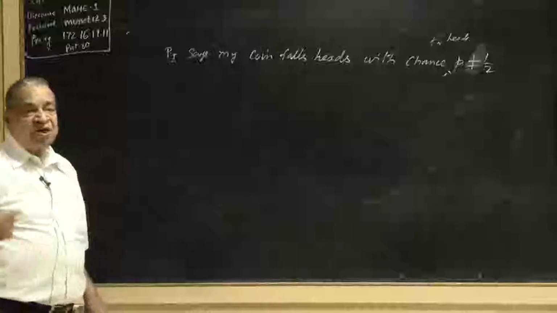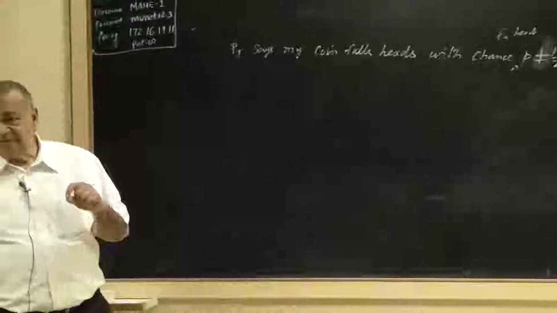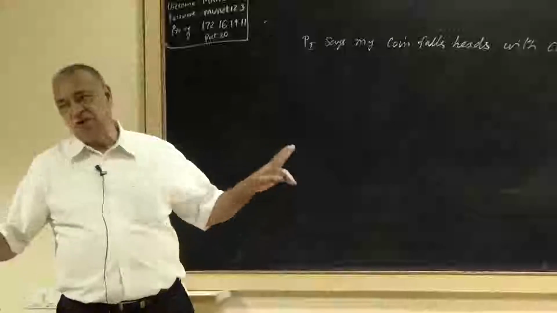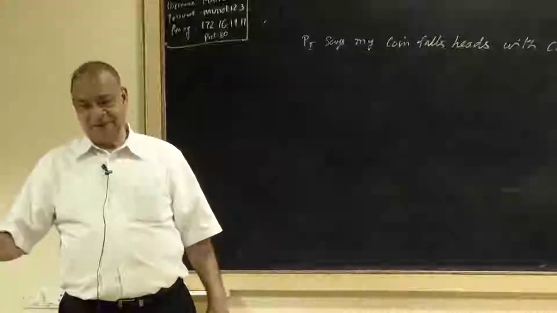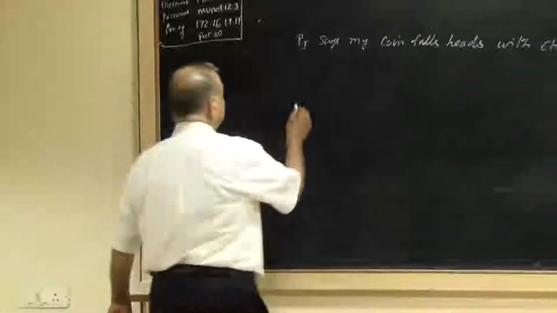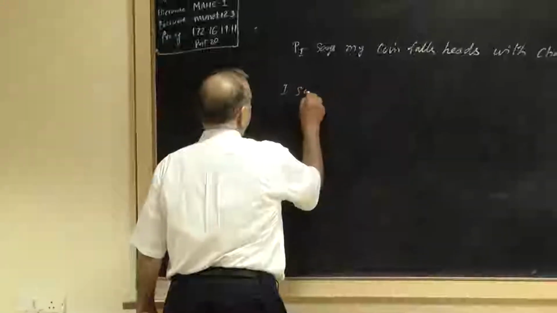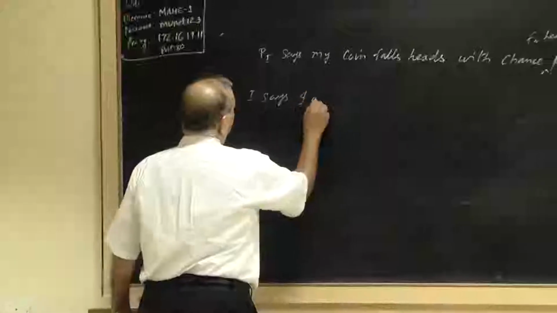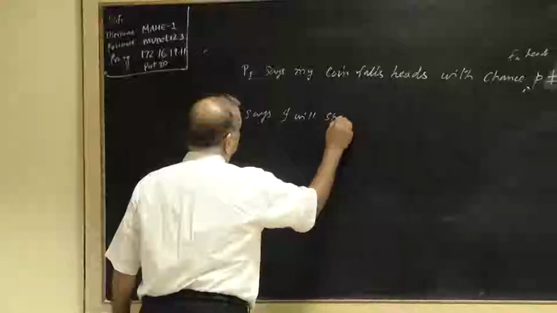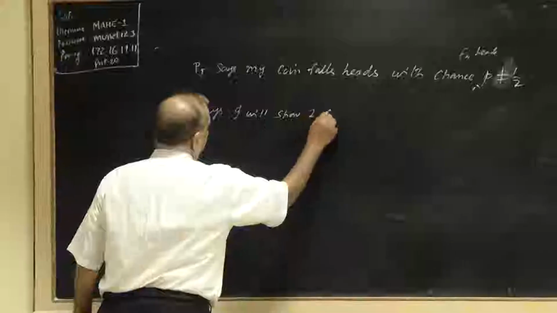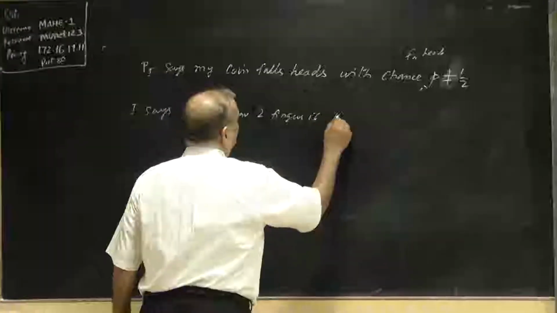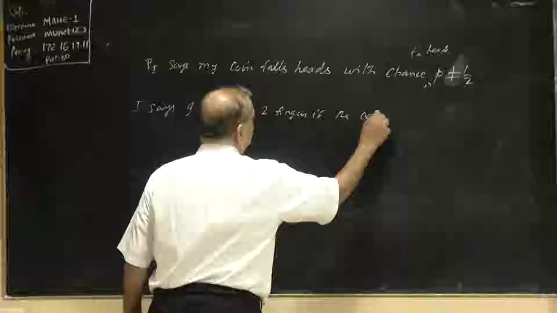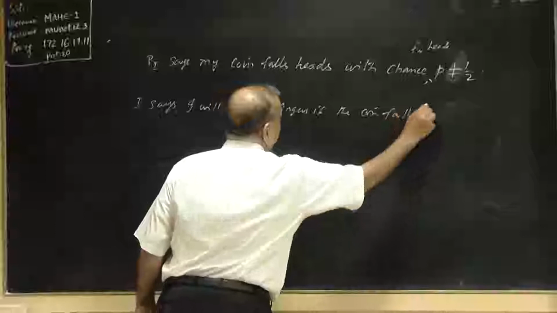So I am going to toss that coin, and whatever is the outcome, if it is head, I will show 2 fingers. If it is tail, I will show 3 fingers. He says that. I will show 2 fingers if the coin falls heads.